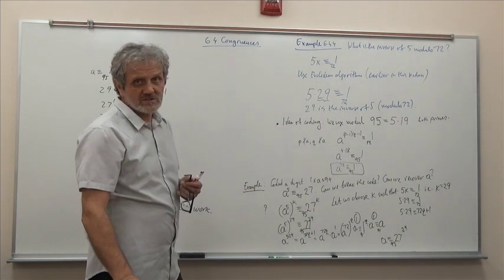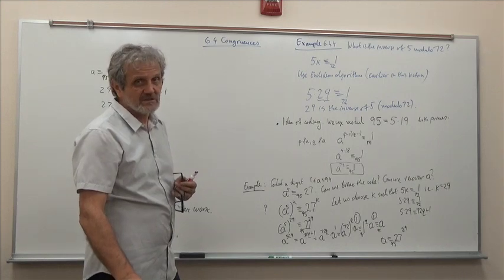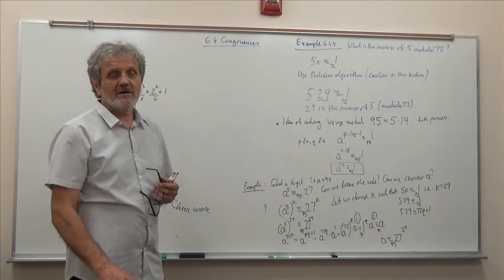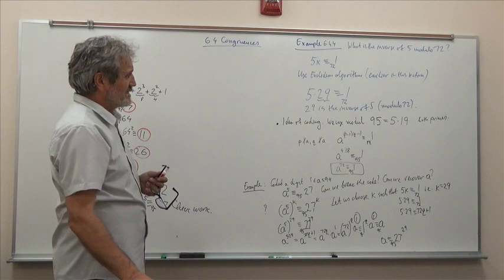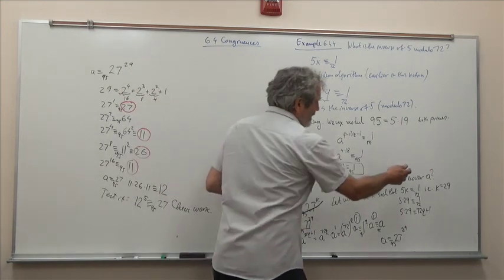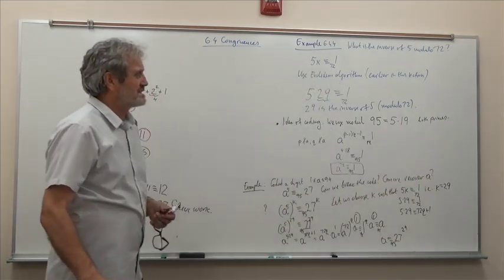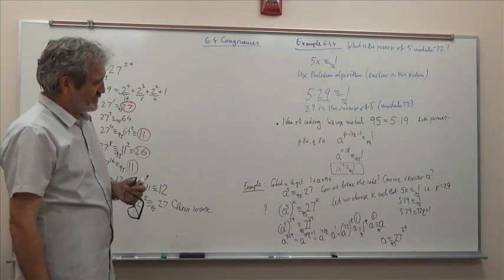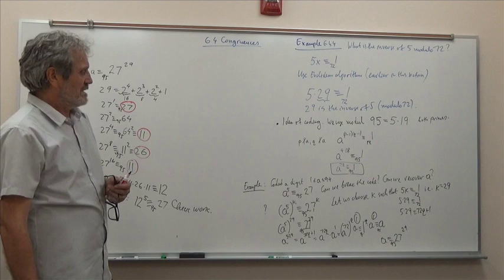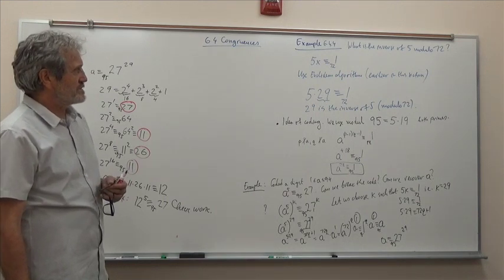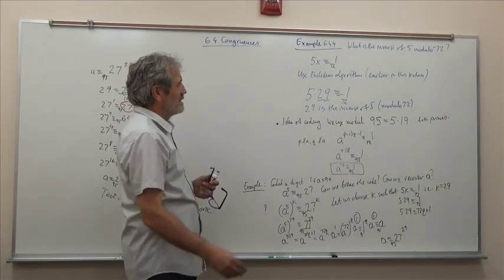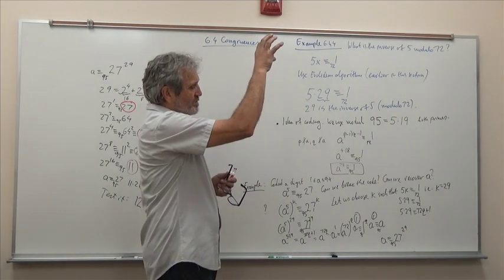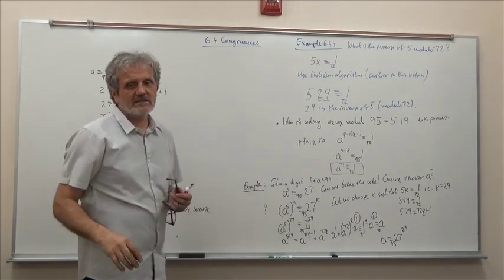So you reduce exponents modulo 72, because whatever is a multiple of 72 will produce no effect on the base A, but whatever remainder is left, that will be used to finish your calculation. So modulo 72 on top in the exponent and modulo 95 on the ground.